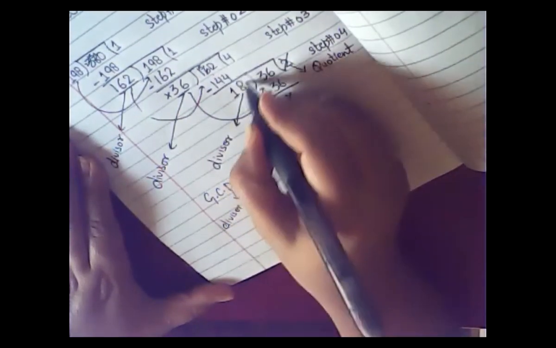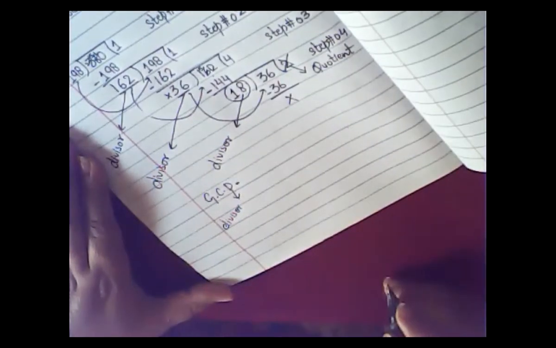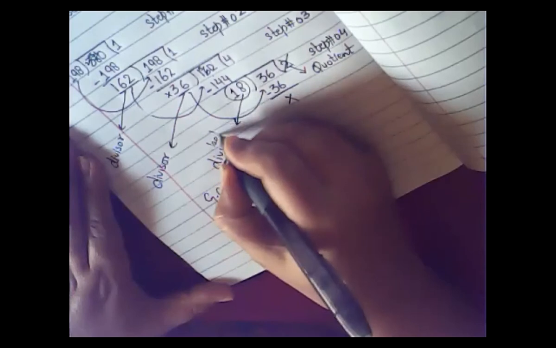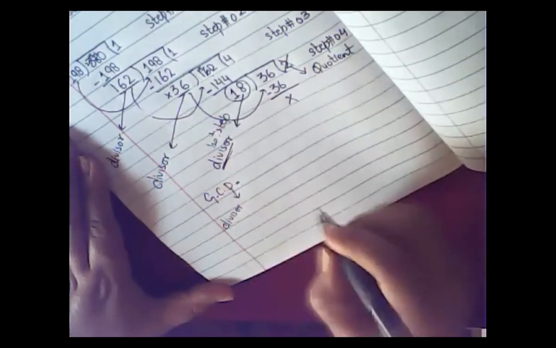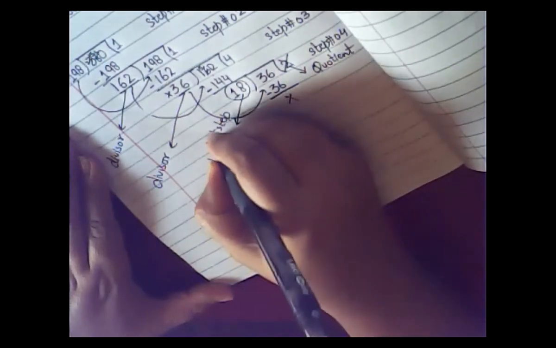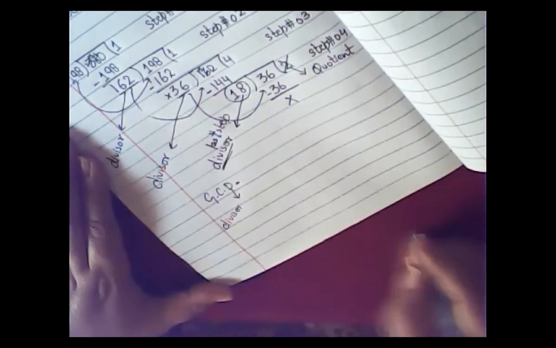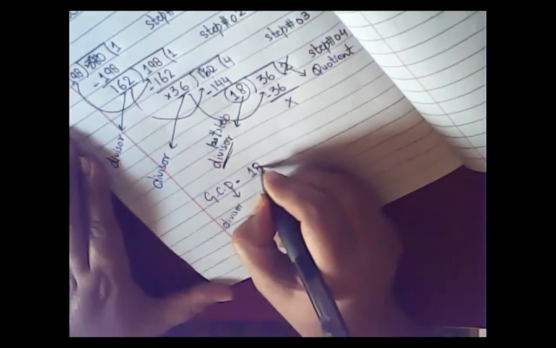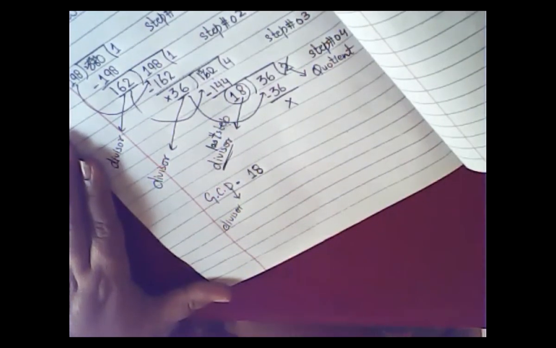You will pick 18 as your GCD. You will pick the last step divisor, and you will pick your last step divisor as your GCD. So your answer will be 18.